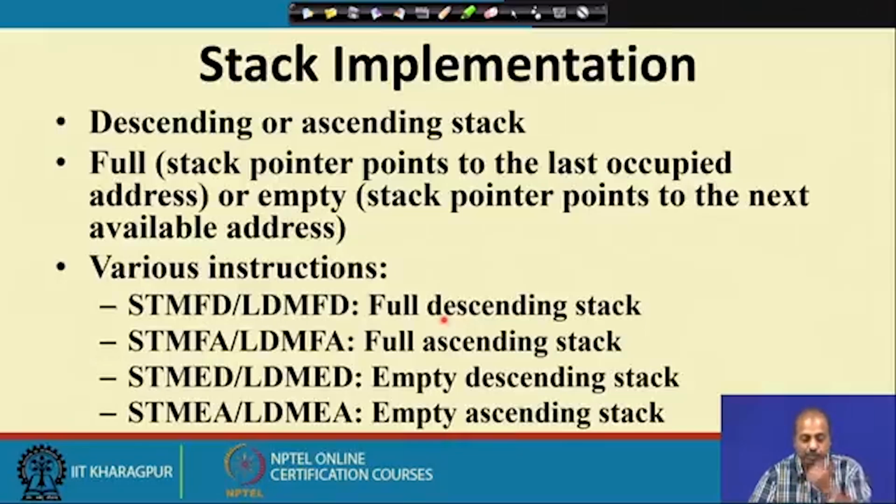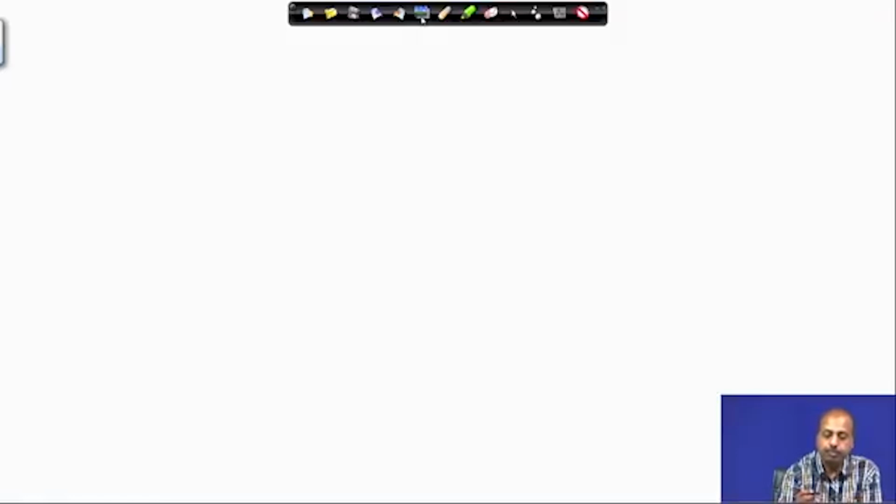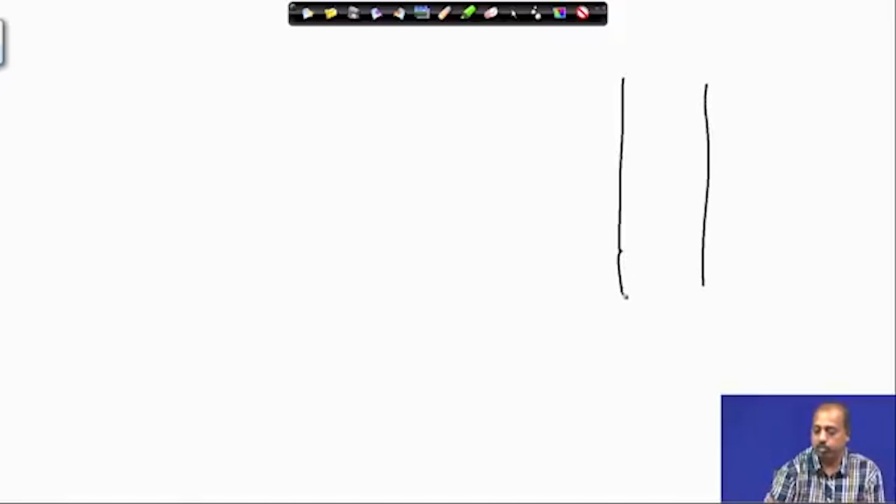So, we will see that. As far as the stacks are concerned, there can be different variants of the stack. If this is the memory onto which I am trying to implement a stack, and this is the lowest address, say 0000, and the address increases in this direction.